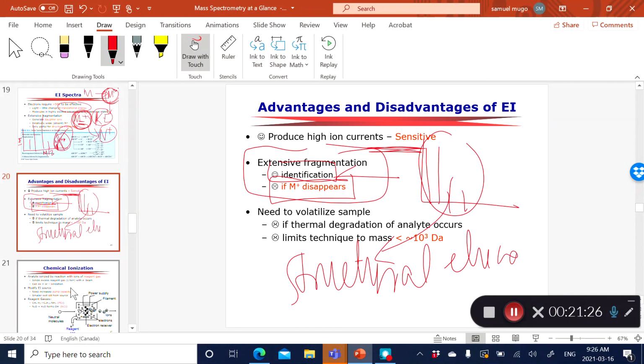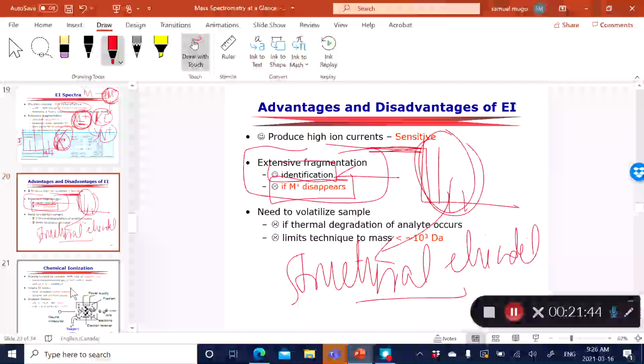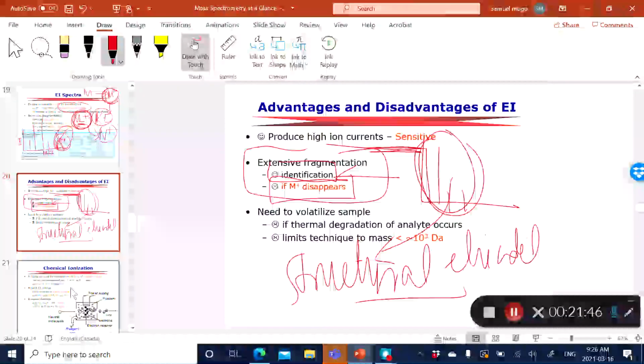So it's a very good technique for structural elucidation, because I can try to piece together the fragments that came from the ionization of the neutral molecule. It's a very good technique for qualitative analysis, as I've been trying to say.